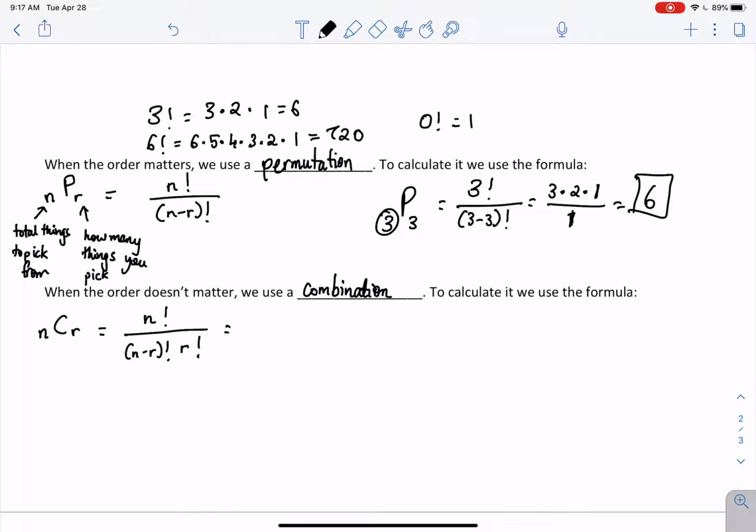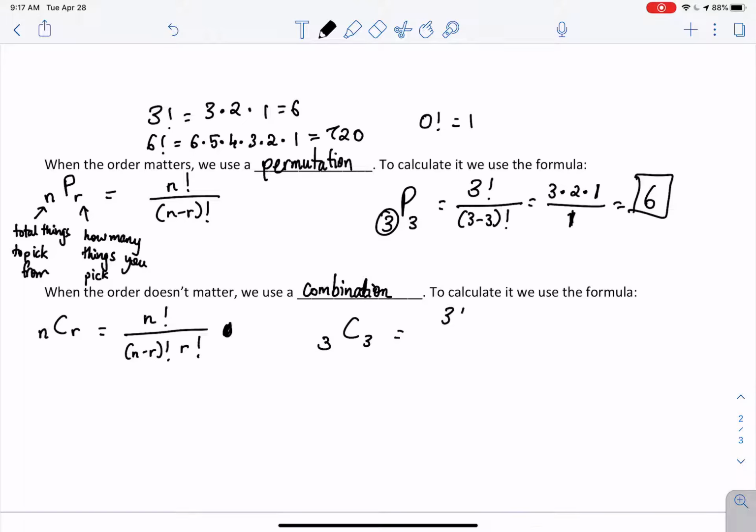So with this formula, if I used it on my combination, now with the bowls, there's only one bowl I can make because I have 3 flavors and I'm picking 3 of them. So no matter how I pick them, I'm going to get the same bowl every single time. So I should get this equal to 1. So let's see.